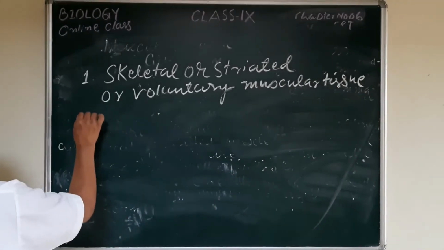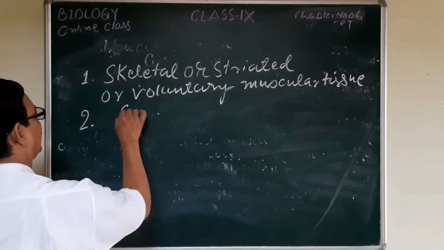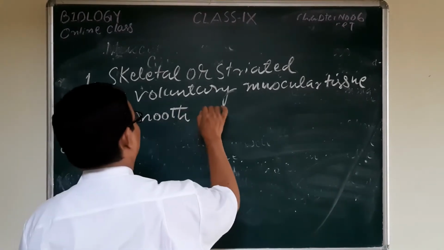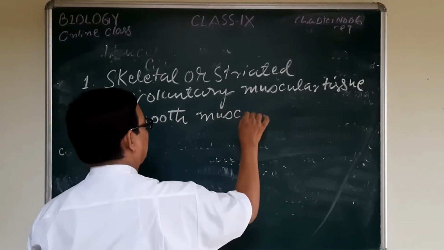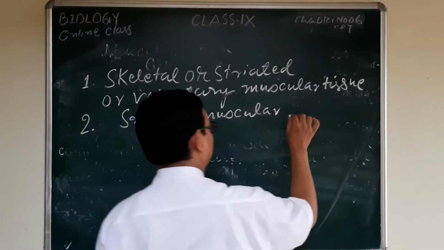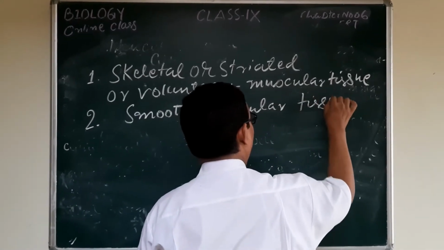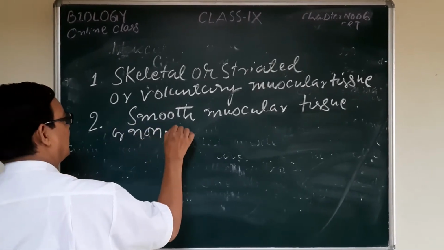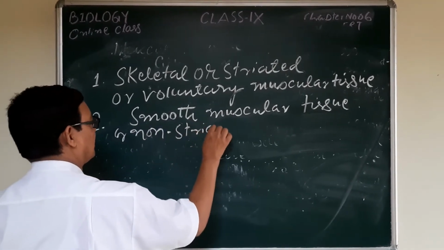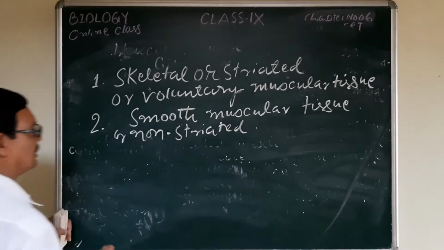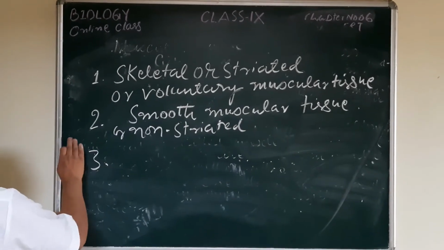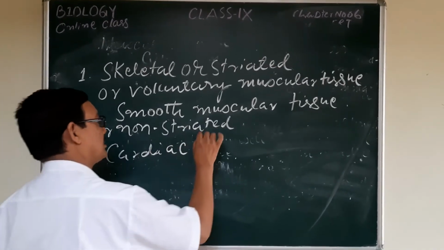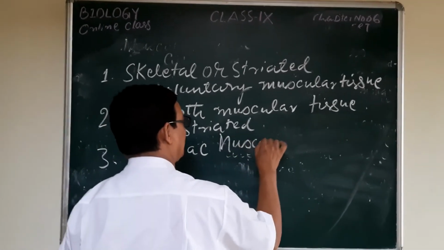The second type, smooth muscular tissue, or non-striated. The third type, cardiac muscular tissue.